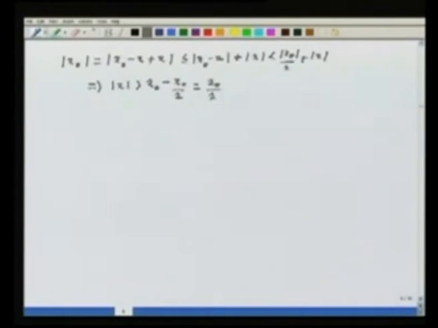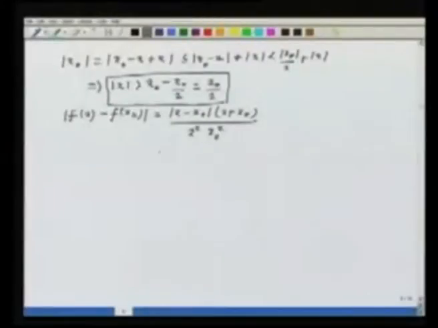Now I want to use all this information in my estimate, that is mod of f(x) minus f(x naught), which I know is mod x minus x naught into x plus x naught divided by x square times x naught square. Now I am going to use the above estimates. What I get first is that this is less than mod x minus x naught. I am not going to do anything with it.